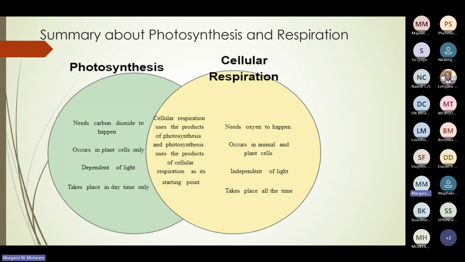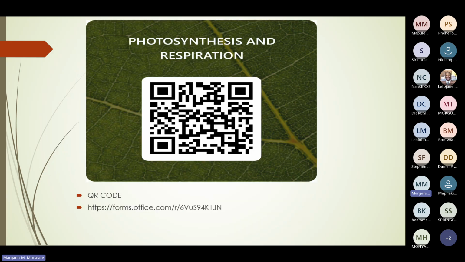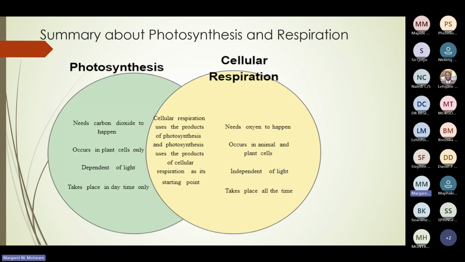It means in winter, when the plants have lost their leaves, we cannot say that plant is photosynthesizing, because that plant does not have chlorophyll, and that plant does not have leaves.